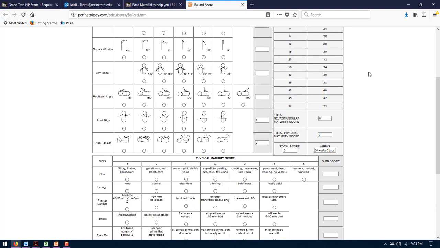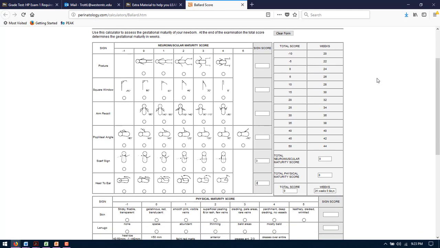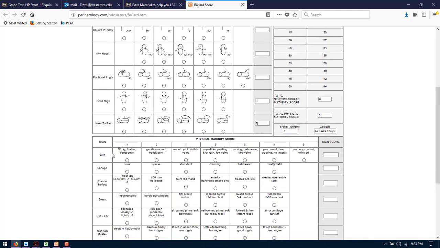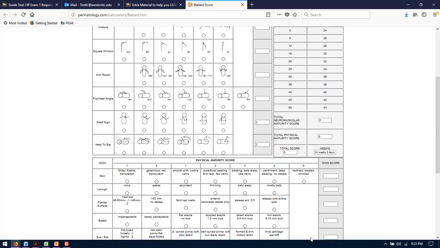Once you put in the numbers, it actually tallies them up and gives you a score of how old they think that baby might be versus gestational age. So look it up under the extra material and play around with it.